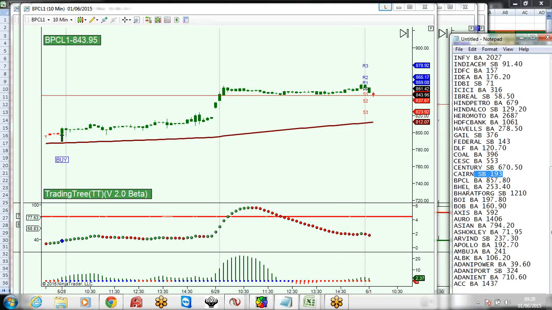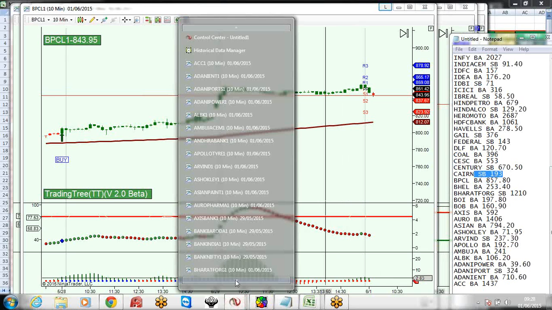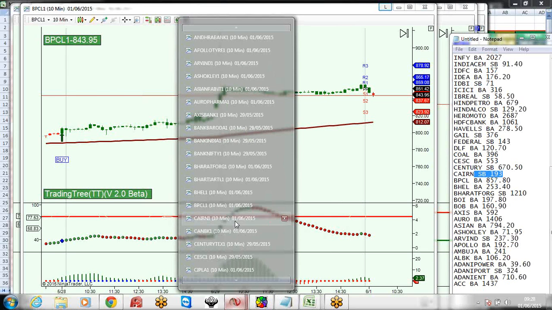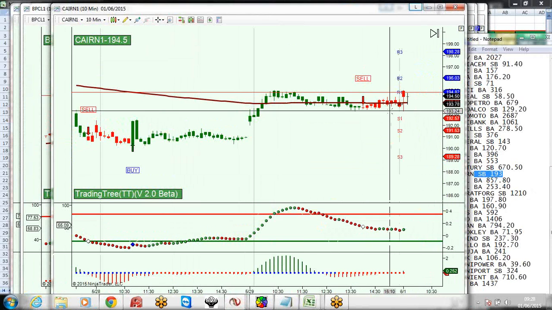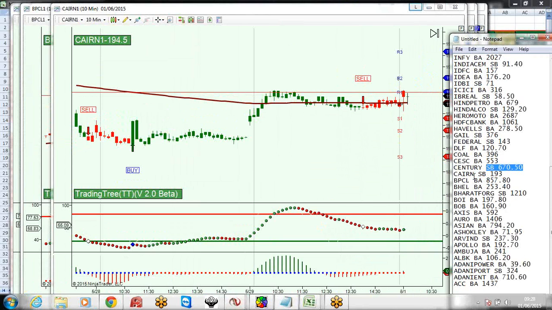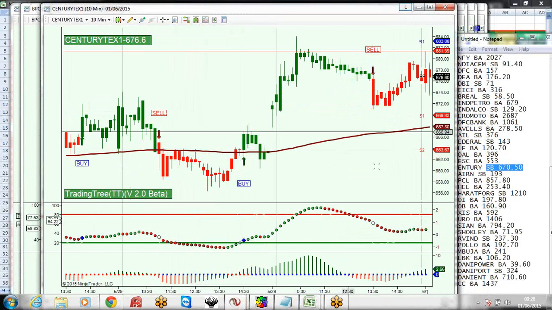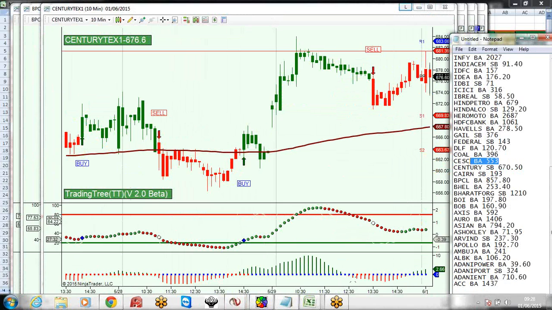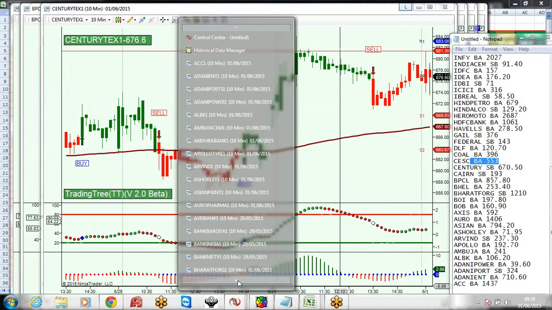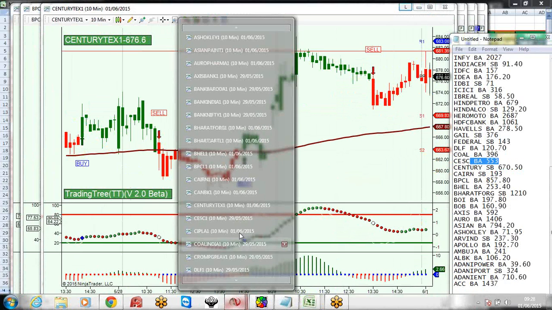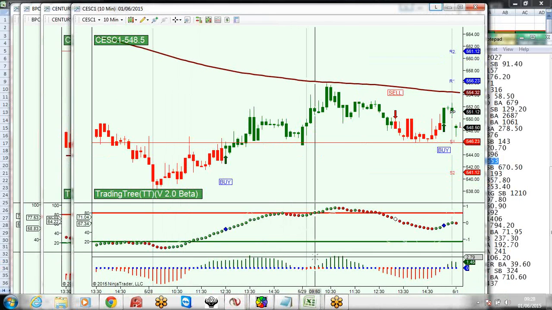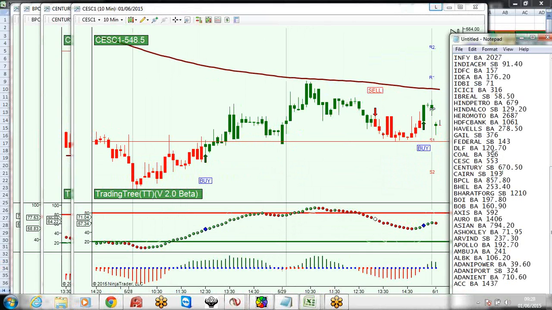Can we have sell below 193? But we have a buy call there. We get a buy call here. Century sell below 670. That has not happened. CSE buy above 553. That is also not triggered.